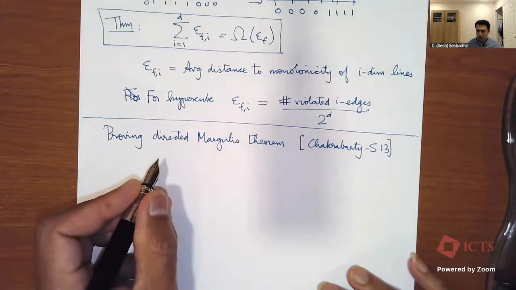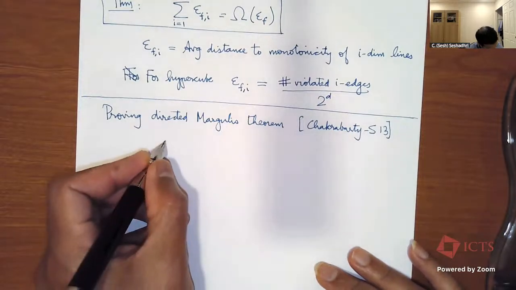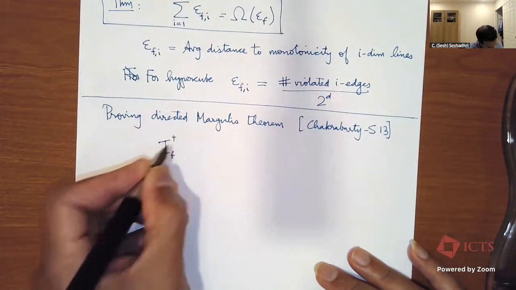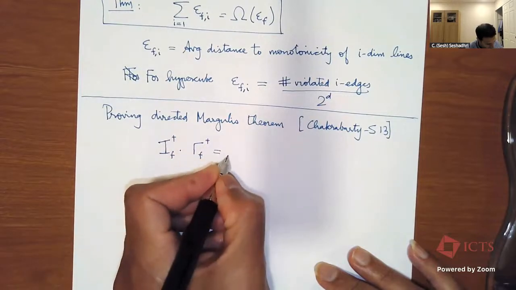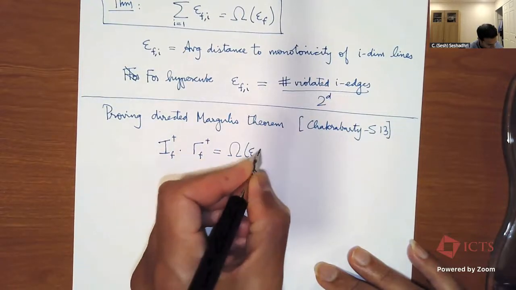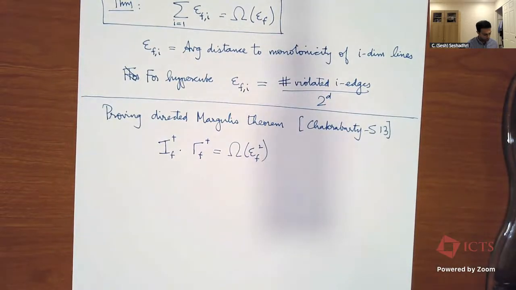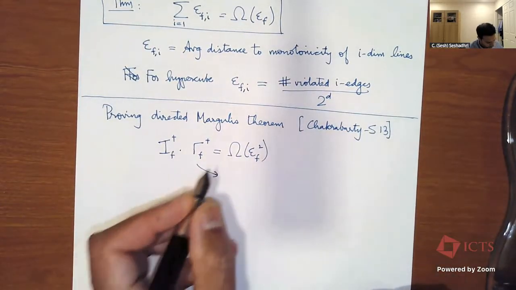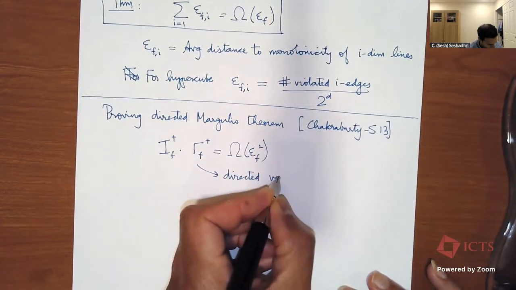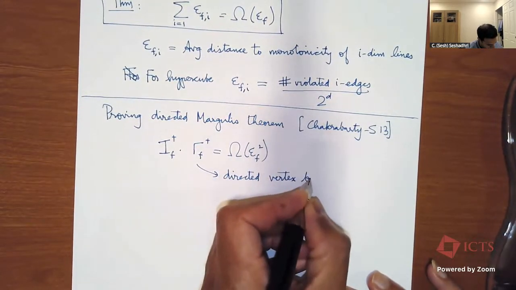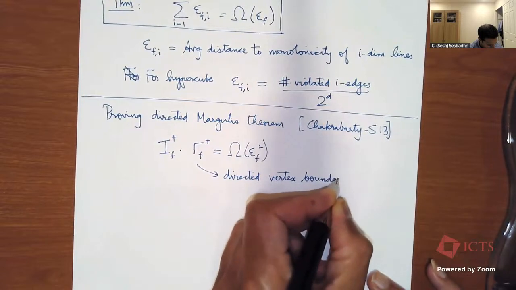So let me remind you what the Margulis theorem is. That says the influence times gamma is the square of the distance to monotonicity, and this was the directed vertex boundary.